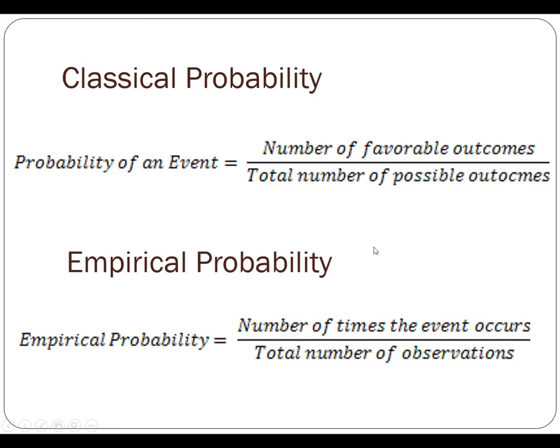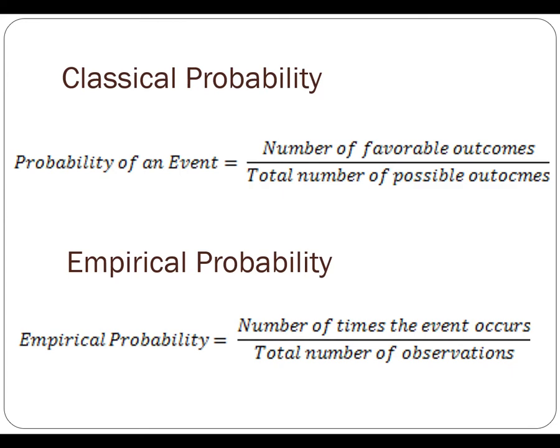Empirical probability, however, is a little bit different. We're collecting data over a period of time, and we're looking at the observations of an event that we're interested in out of the total number of observations we made. So, for example, we might use this if we're in the insurance industry and we're trying to calculate the probability that a male will get in a car accident. And the reason we might do that is because we want to base their risk or their insurance costs on how probable it is that they get in an accident.